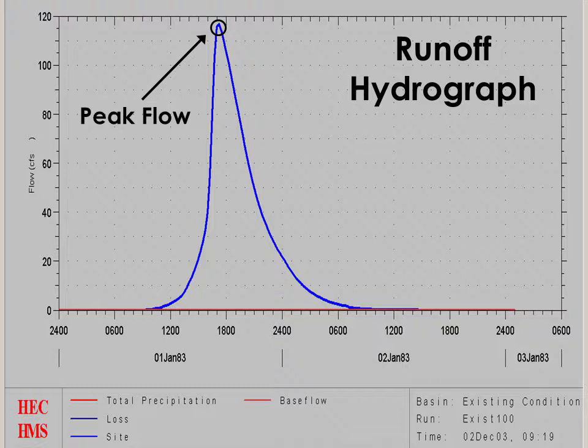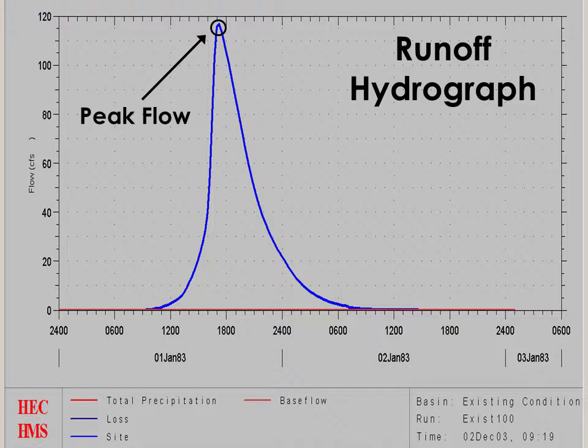It's relatively spiky. It's not very slow to respond. This means maybe it's clay soils, maybe it's pretty developed. If it was more undeveloped, or a very large watershed, you might see the hydrograph squished out a little bit or flattened.